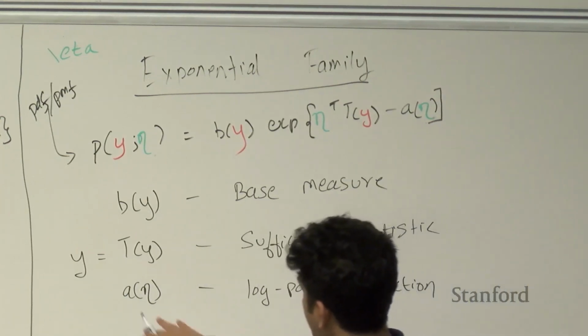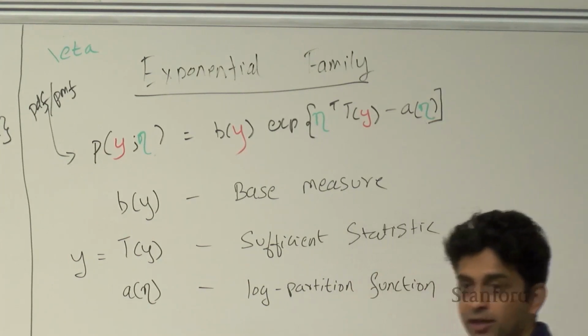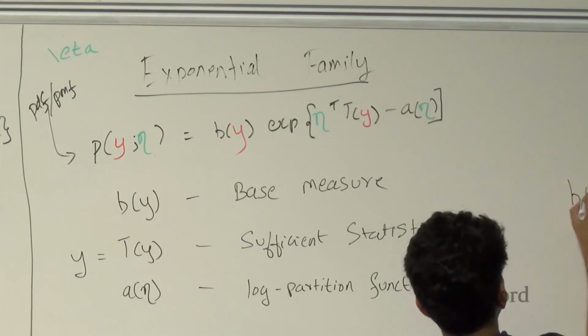So one way to think of it is the way an exponential family can be constructed is by starting with some base measure b of y.